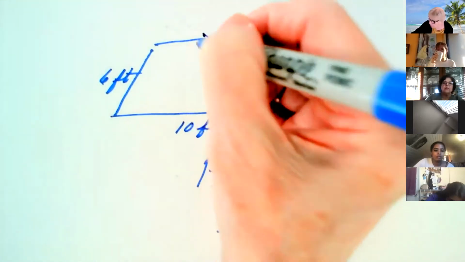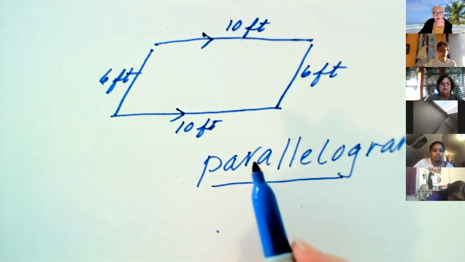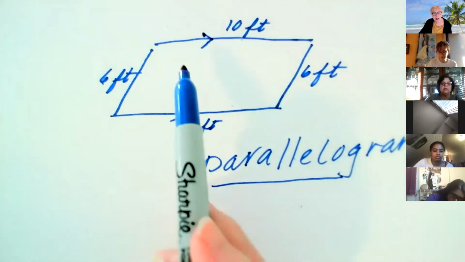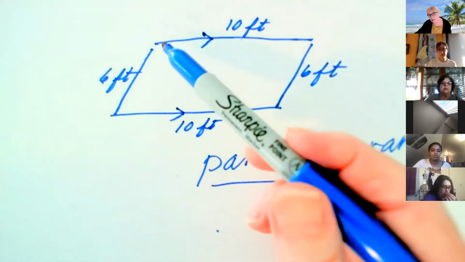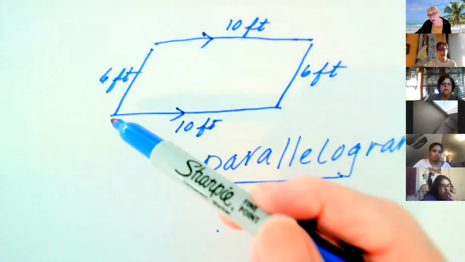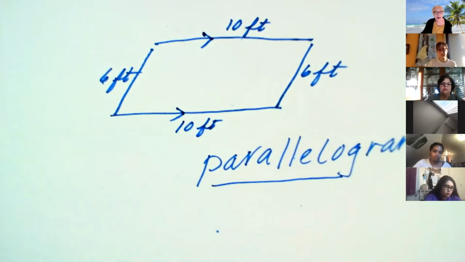And this is a mark they use in geometry to indicate parallel. You don't have to know that, but this is parallel to that. And at the same time, the one on the left vertical is parallel to this. And so that's the name parallelogram.